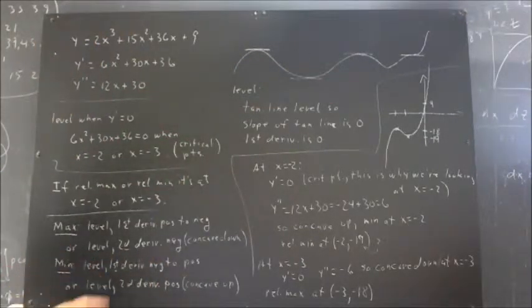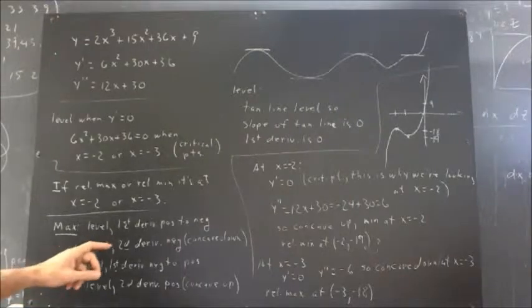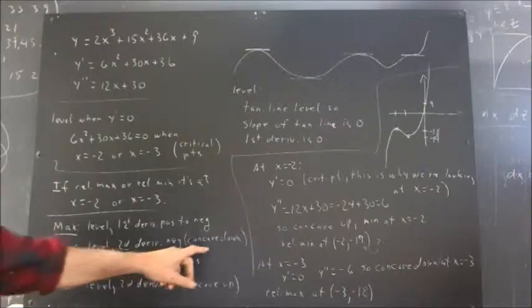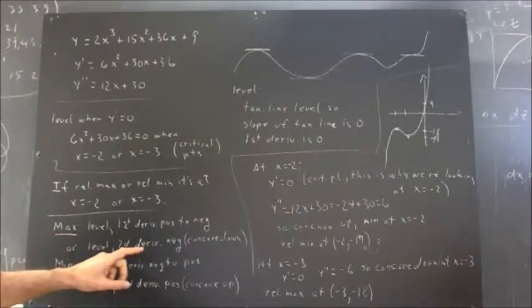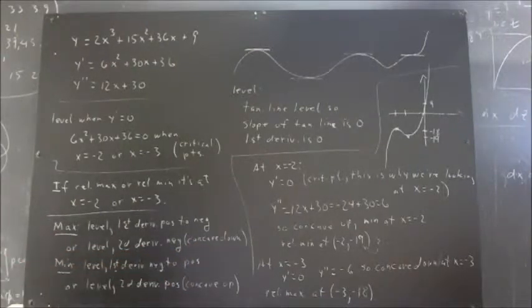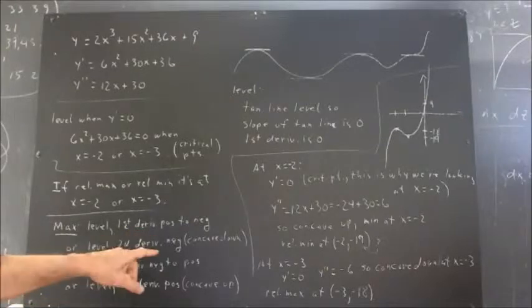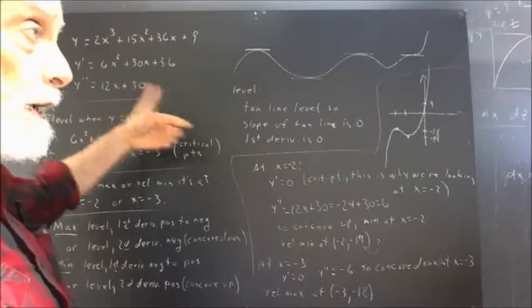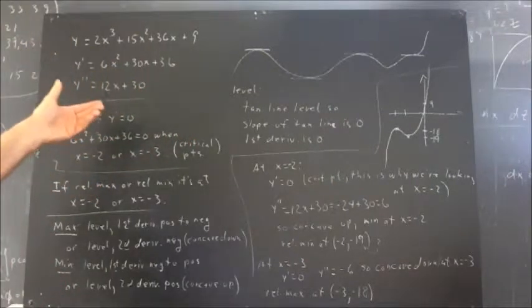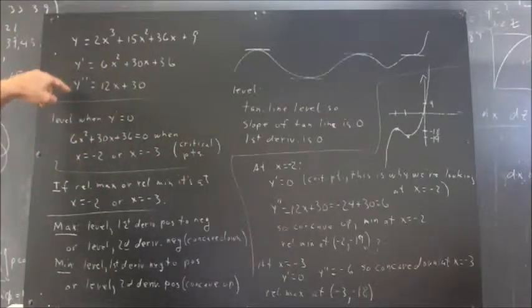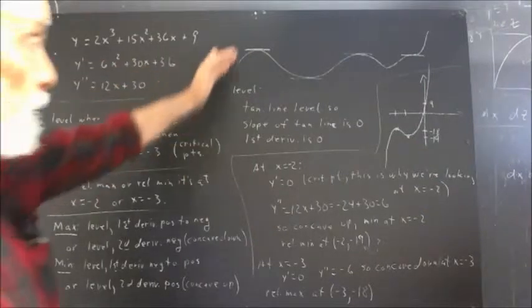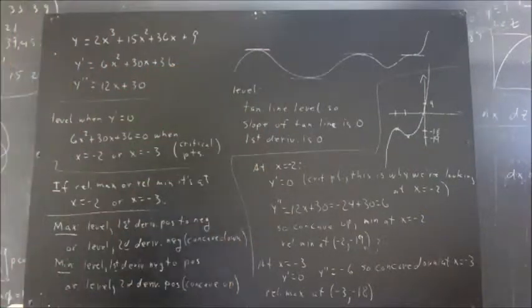So a maximum occurs when you have a critical point, so the graph is level, and the graph is concave down as indicated by a negative second derivative. Again, a negative second derivative means the first derivative is decreasing. The second derivative is the rate of change of the first derivative. So a decreasing first derivative gives you this behavior.